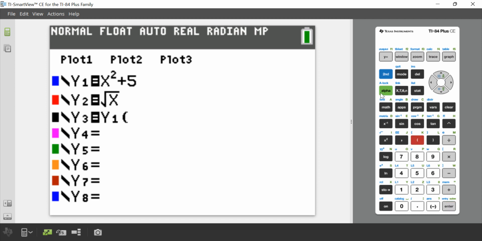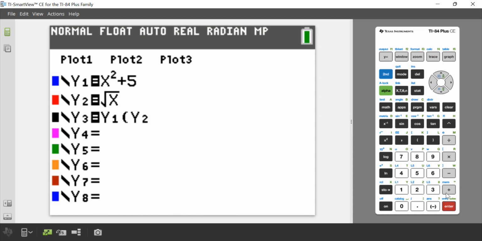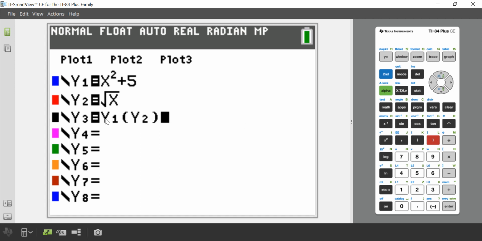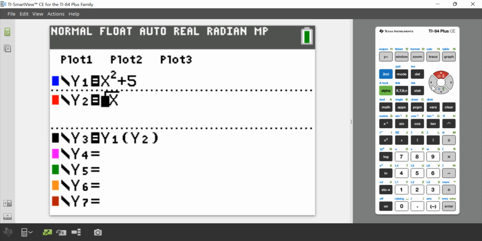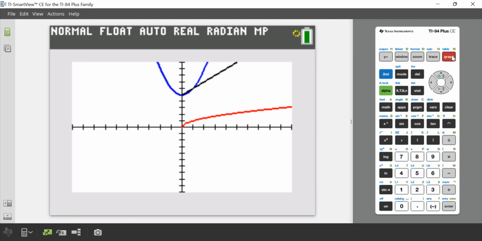And then in parentheses put y2, so alpha f4, y2. And you can see the function notation working here. So I've got that composition of functions, and let's keep the two individual functions selected and graph all three of these.